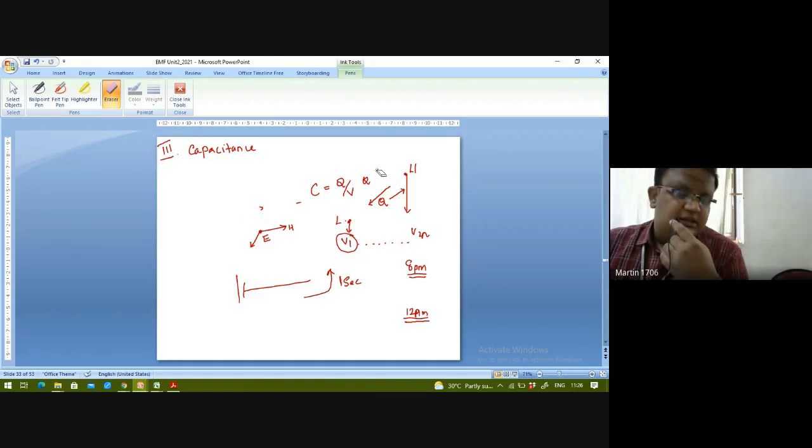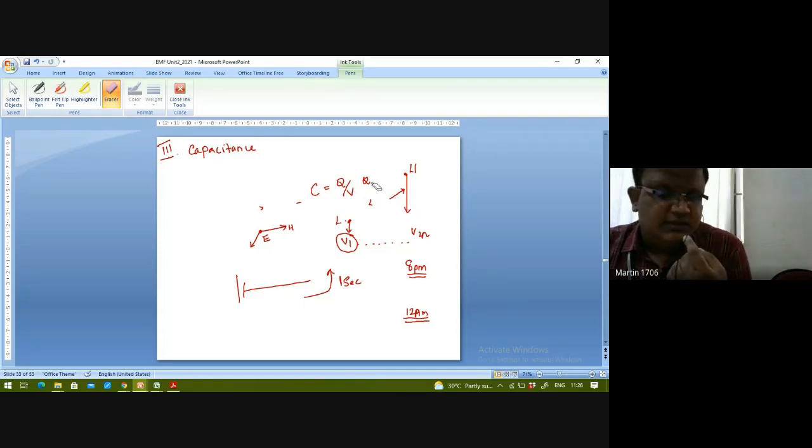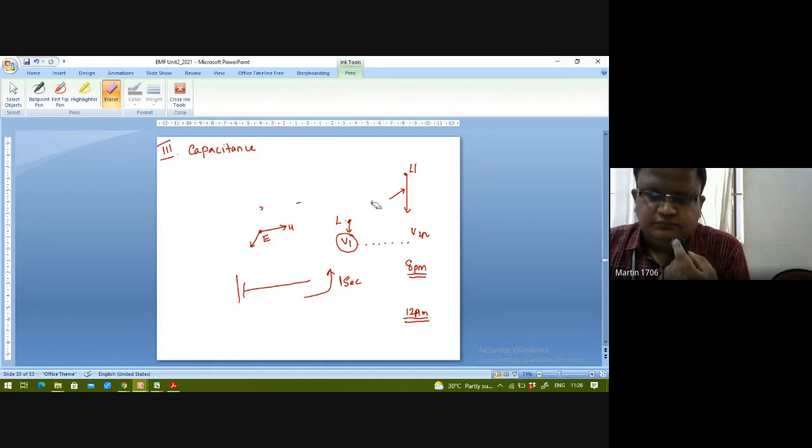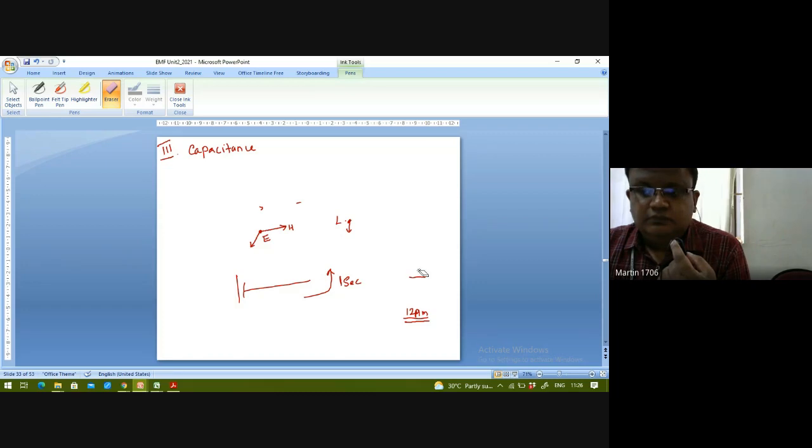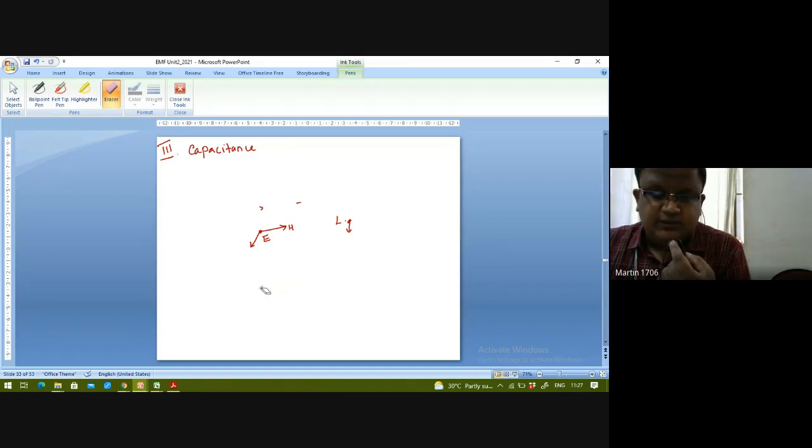Let me go with the next, the third one, the capacitance of the capacitor. Let me move to the next geometry, called the isolated sphere.